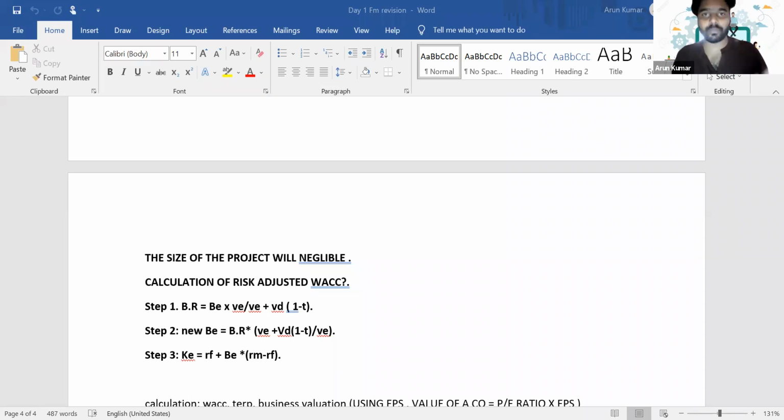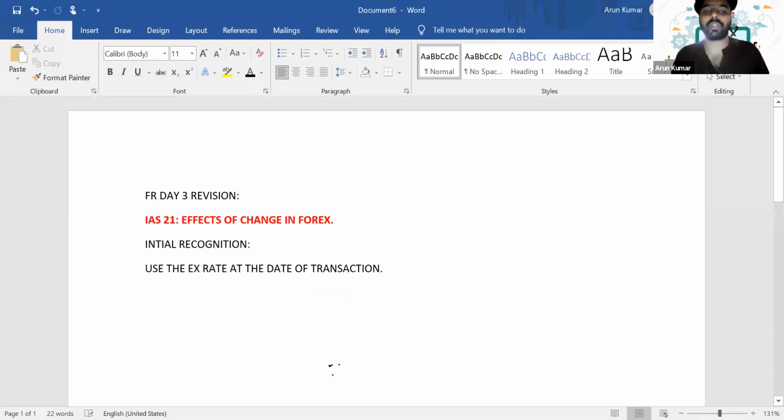What do you mean by historic date? The rate at which the transaction takes place. Is it clear? So in IAS 21, first of all, we discuss the initial recognition. When we initially record a foreign transaction, or convert a foreign transaction into the home currency, which rate do we use? We will use the rate as of the date of transaction.